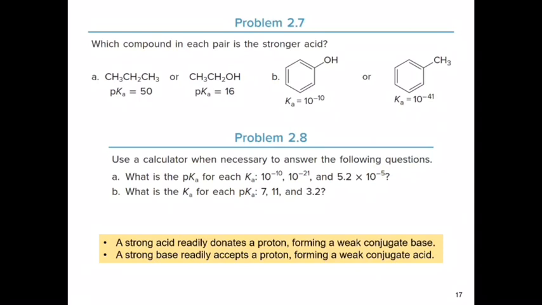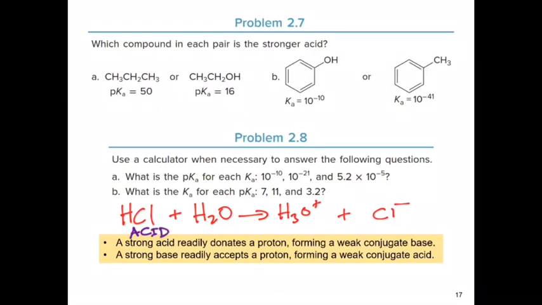So in water you have HCl, and when you put this in water, it gets ionized and becomes H3O plus and chloride ion. So HCl is the acid and water is the base.